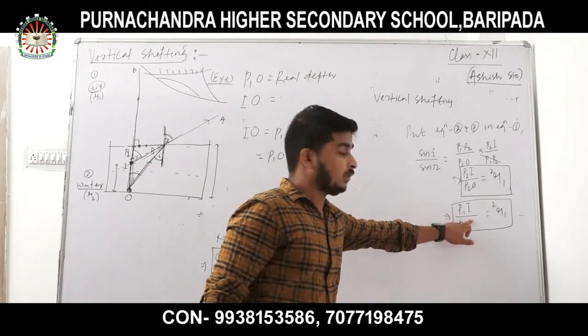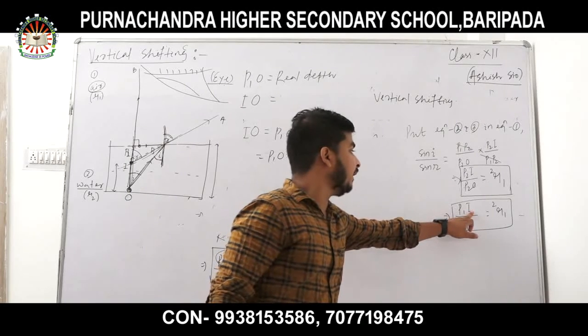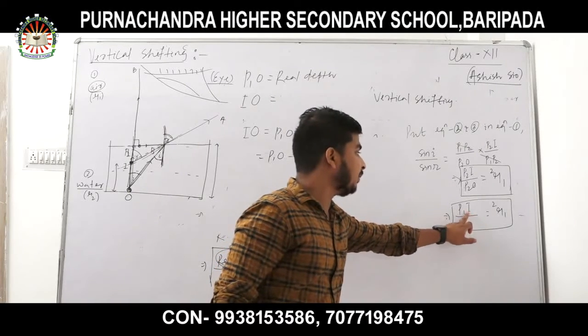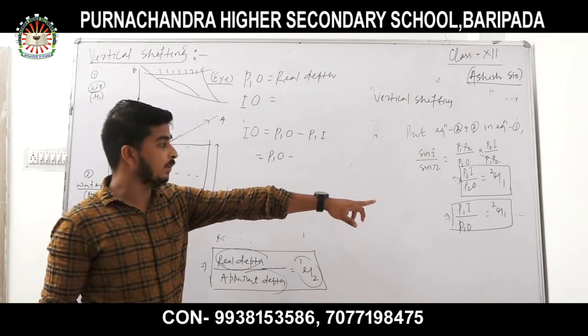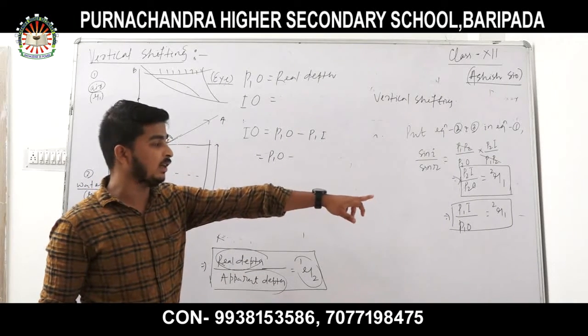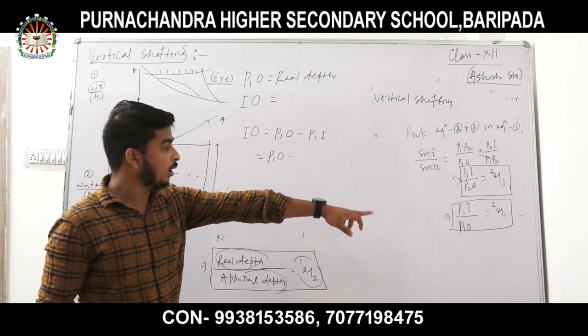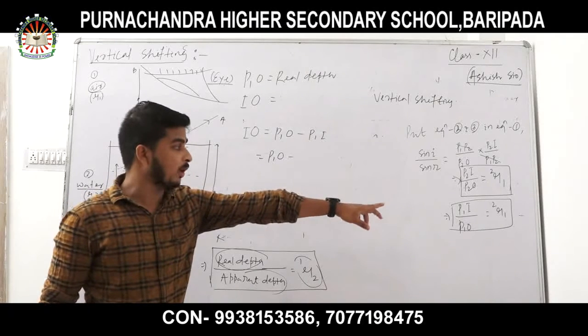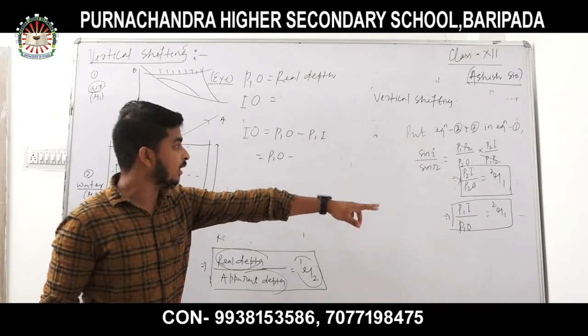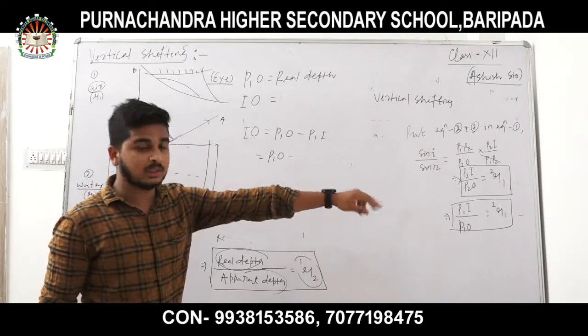Look at this equation. The expression for P1I will be the refractive index of 1 with respect to 2 into P1O. P1I divided by P1O is equal to mu of 1 with respect to 2.